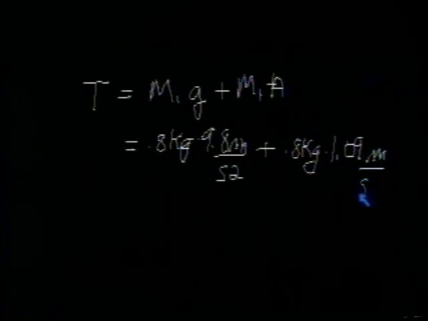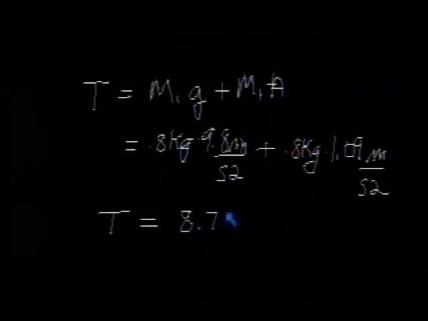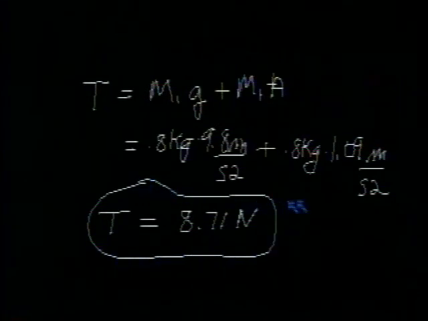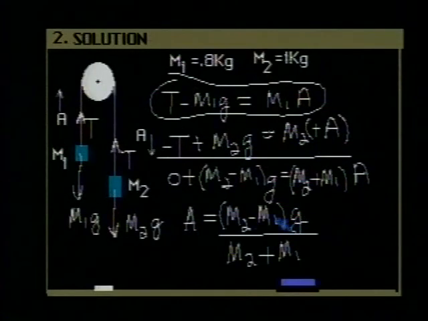If you work that out on your calculator, you should find that the tension then is 8.71 newtons. So that is the answer to part B, the tension in the cord. We have both our answers, so that is the solution to our problem.